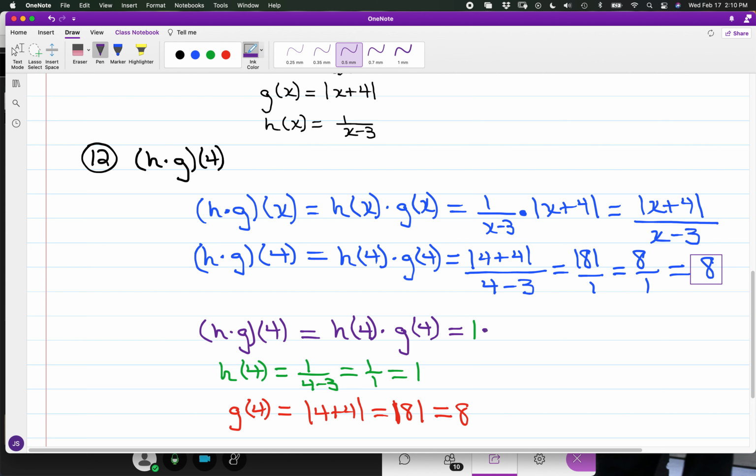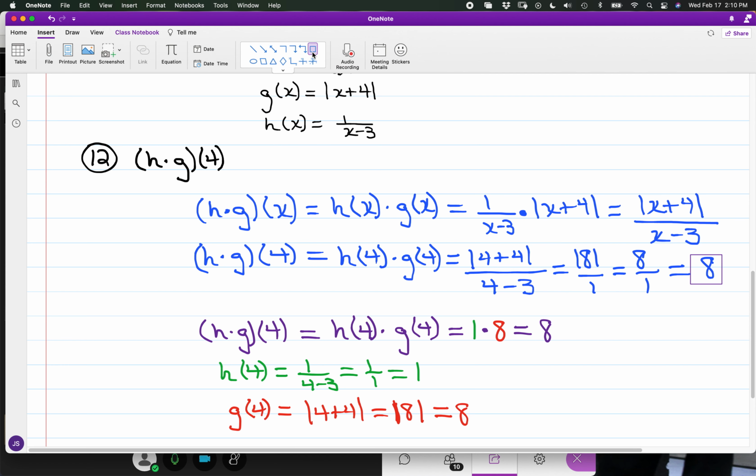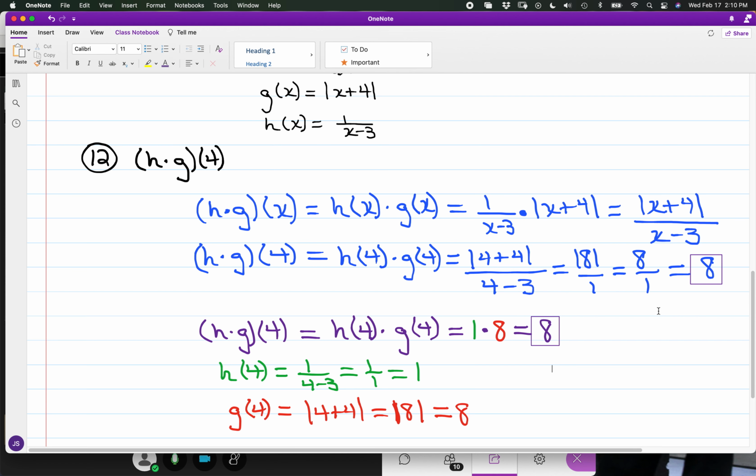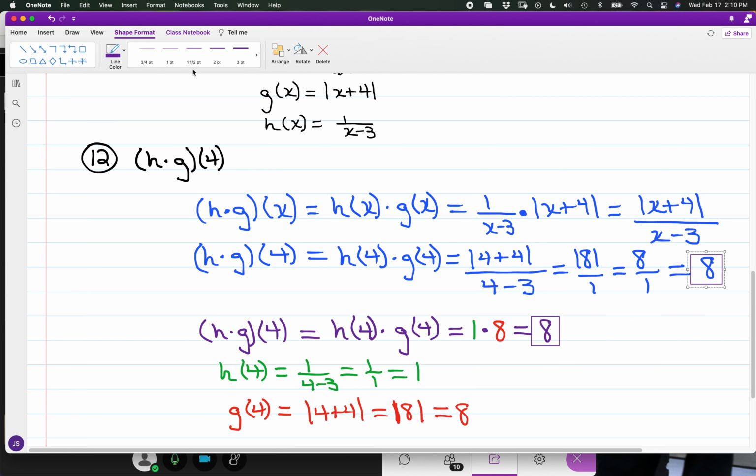Okay, we have 1 times 8, and that is equal to 8. All right, and again, different route, but still the same value.